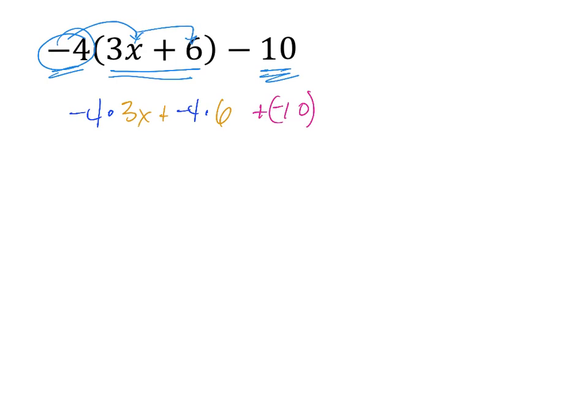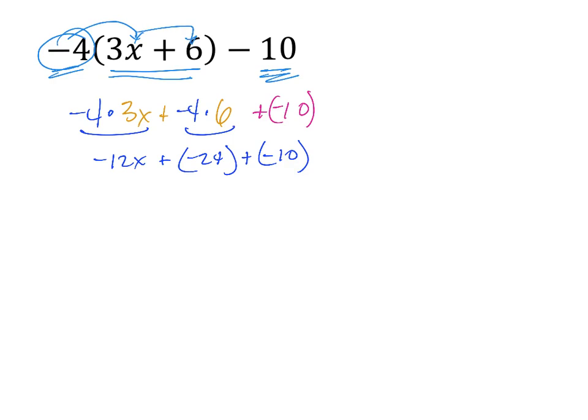So when I look here, I have negative 4 times 3x, so that's going to be negative 12x, plus I have negative 4 times 6, which is negative 24, plus negative 10.